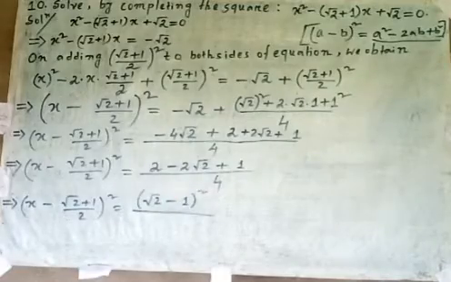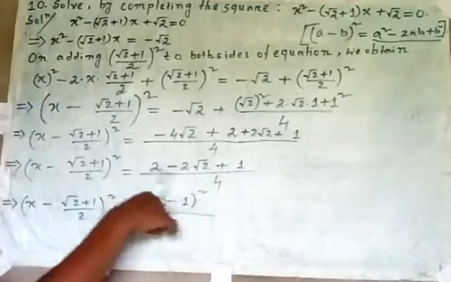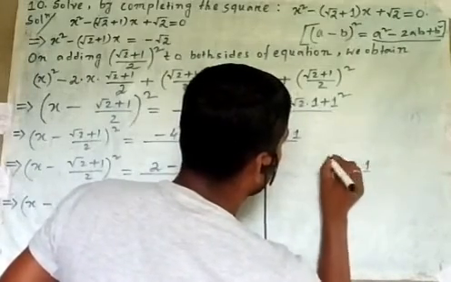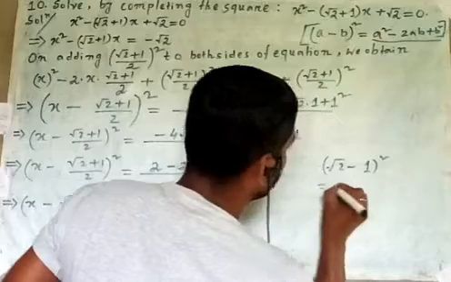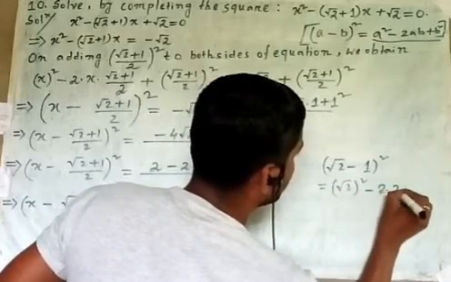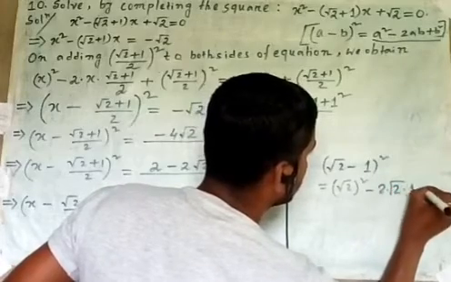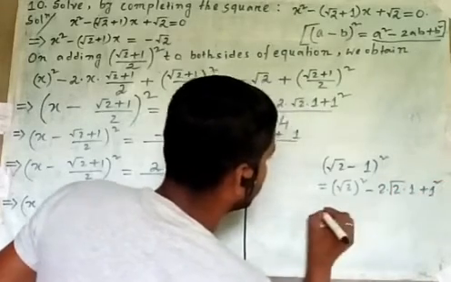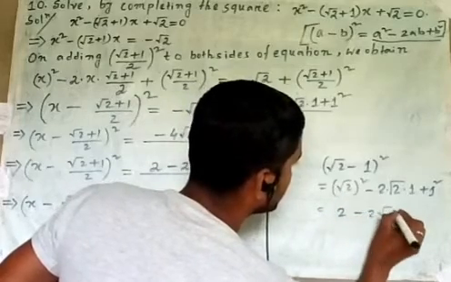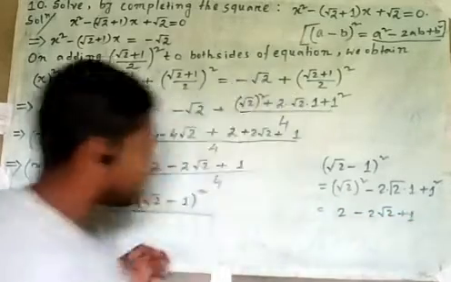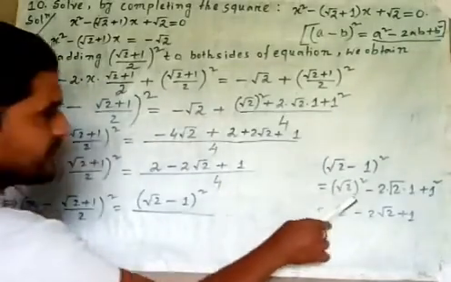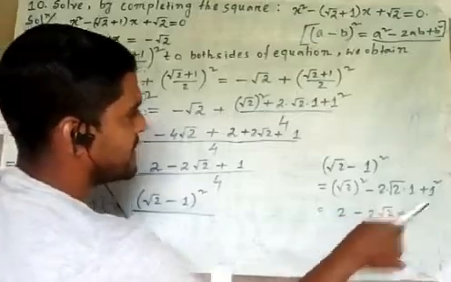How? Try to understand. Why have we written this? Because (√2 − 1) whole square equals (√2)² − 2·√2·1 + 1², which is equal to 2 − 2√2 + 1. Look, (√2 − 1) whole square, what have we done? a² − 2ab + b².